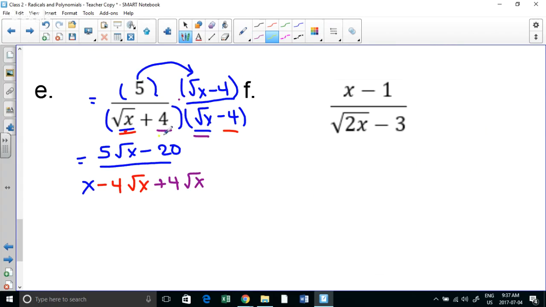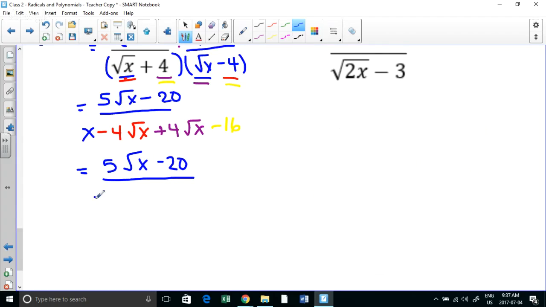And finally, this one times this one is minus 16. I have the exact same thing that I'm subtracting, which means the middle terms go away. So on the bottom, I'm left with x minus 16.